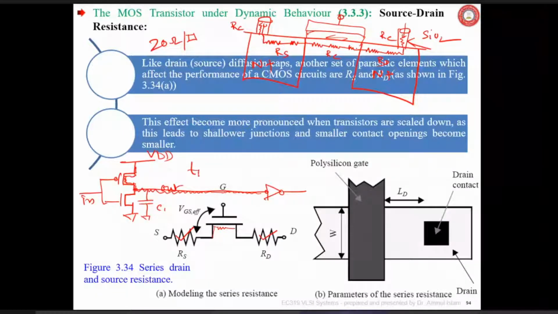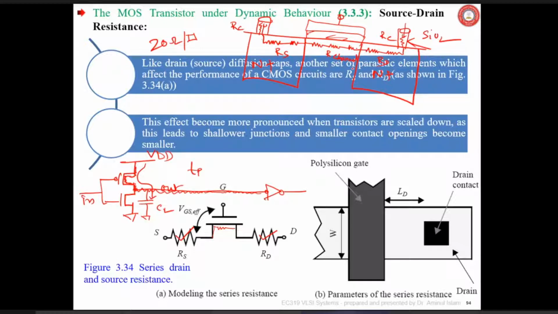So propagation delay Tp is a function of the capacitance CL as well as the resistance associated with it, because this MOSFET has to charge CL through these resistances. I am denoting the same thing; it is not correct. Channel resistance I have denoted with R channel.